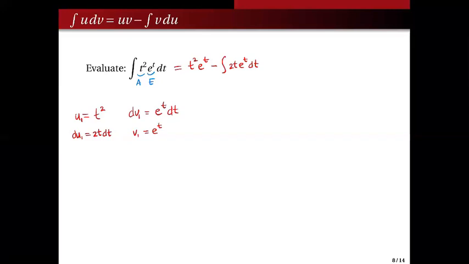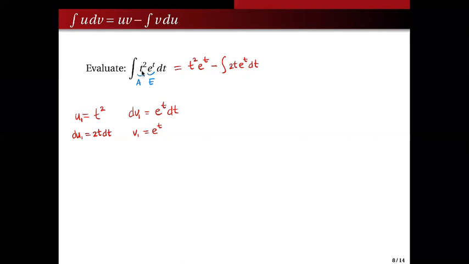Now look at this. Originally, we have t squared e to the t. After applying integration by parts, we have here 2t e to the t. This 2, it's just a constant, it goes out of the integral. What you have is t e to the t.